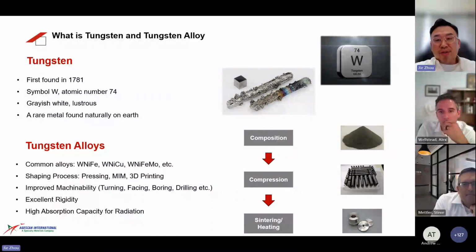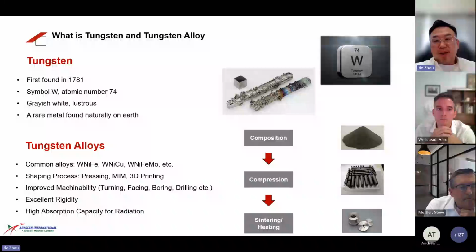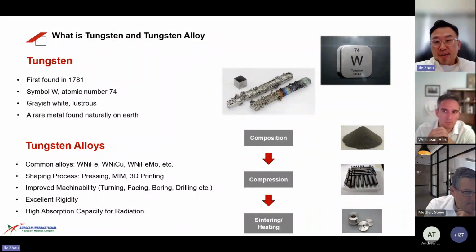Tungsten has two major types of finished product in the market, which are tungsten carbide and tungsten alloy. What we're talking about today is tungsten alloy. Tungsten alloy has two common compositions: tungsten-nickel-iron, and tungsten-nickel-copper, the latter of which is non-magnetic.